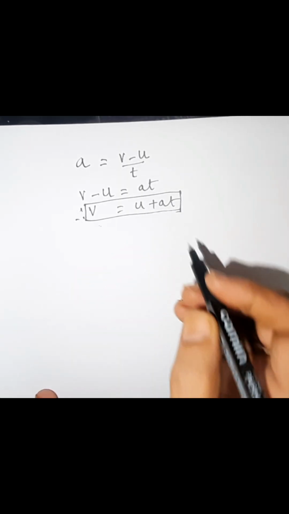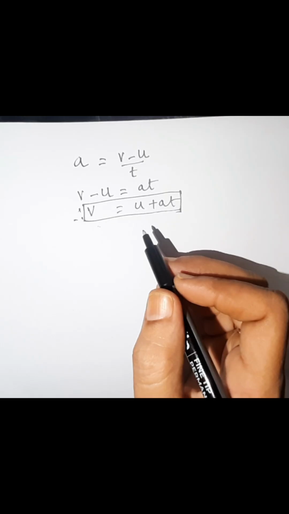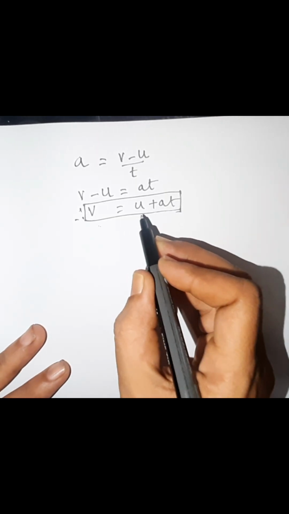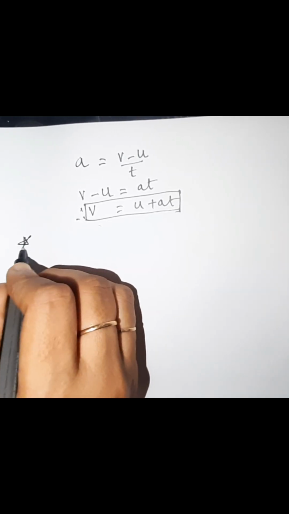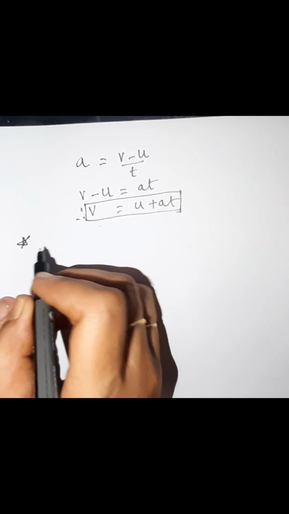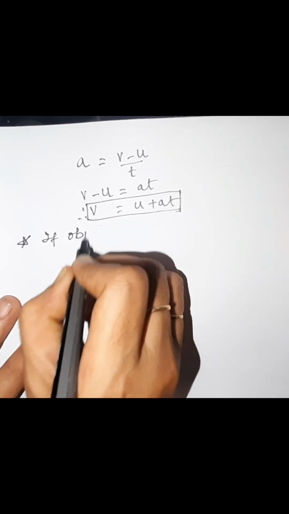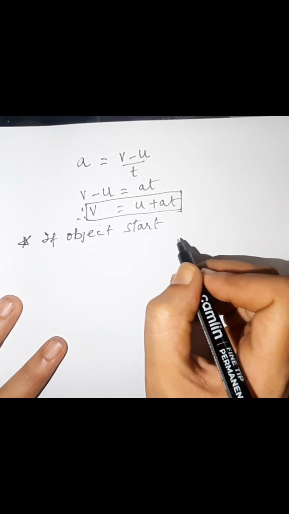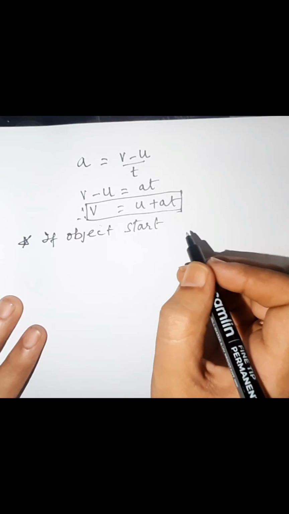In this chapter, they will give that the object is moving with an initial velocity. They will give that the object is starting from rest. Here we need to remember, this is also one of the important tricks: if the object starts from rest, they will always mention in the question that the object, vehicle or train is starting from rest.